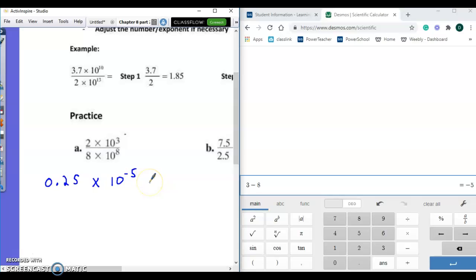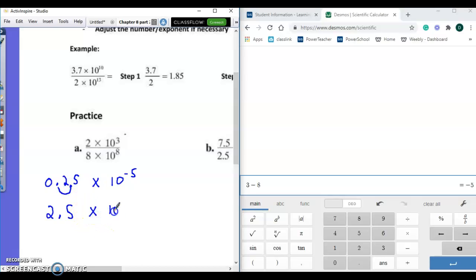So, just like we did on the previous section, we need to be able to adjust this exponent. And we do that because we have to move this between the 2 and the 5, because this whole number right here is not between 1 and 10, less than 10, greater than 1. So we need to make this a 2.5, and by doing that, we move the decimal place over 1.